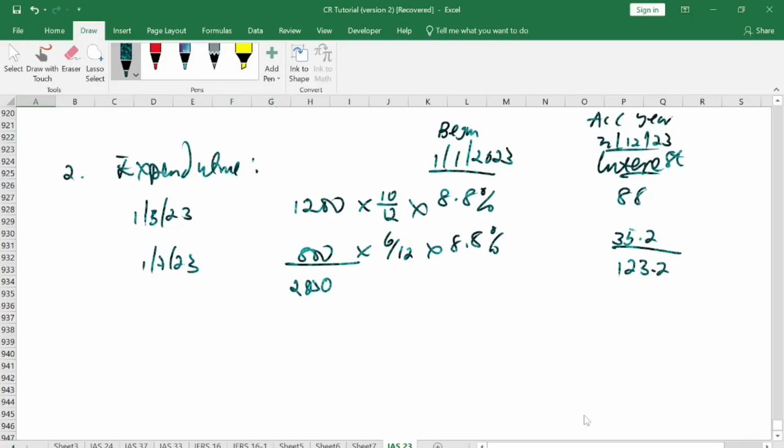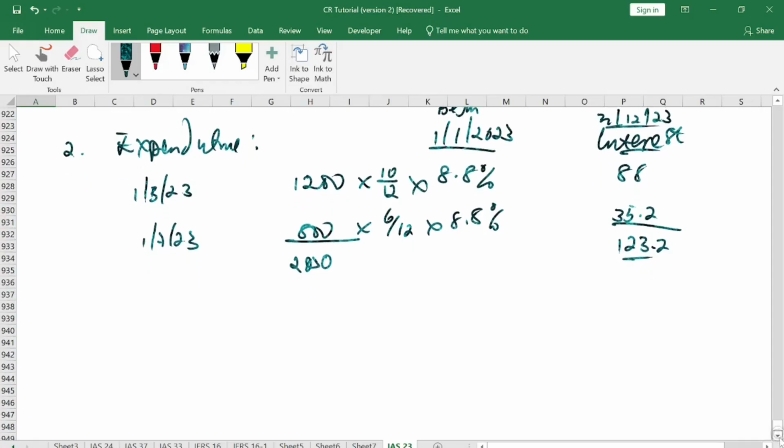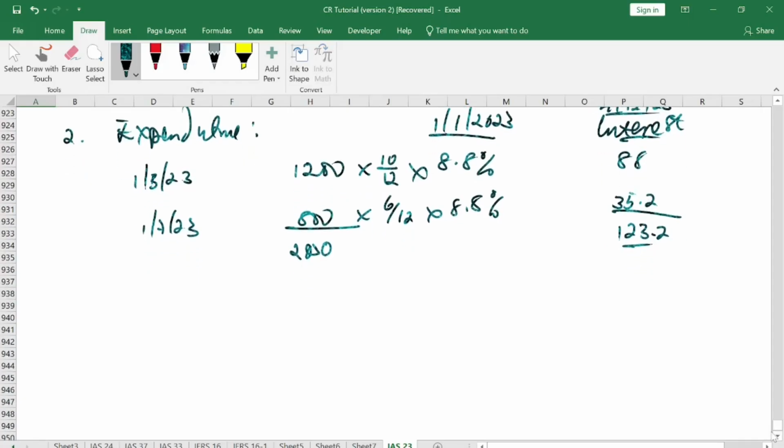All right, so this becomes your interest. Or if you like, you can apportion the months. So 1,200 times the months over 12, you have 1,000. The second one is 800 multiplied by 6/12, which gives you 400.